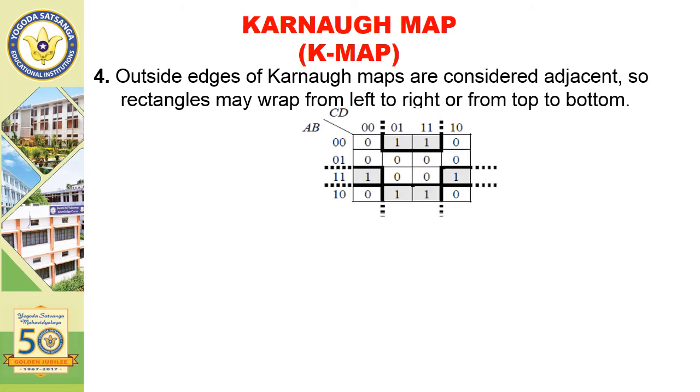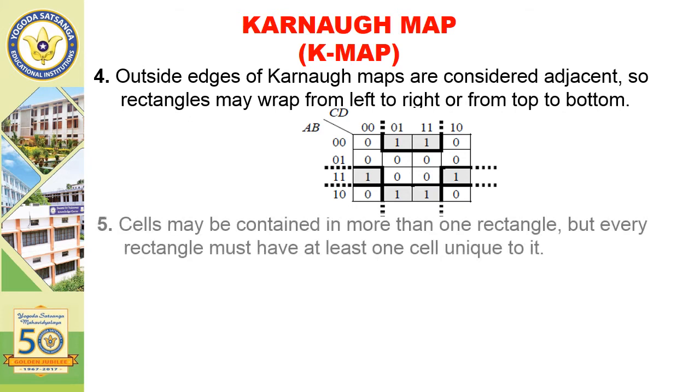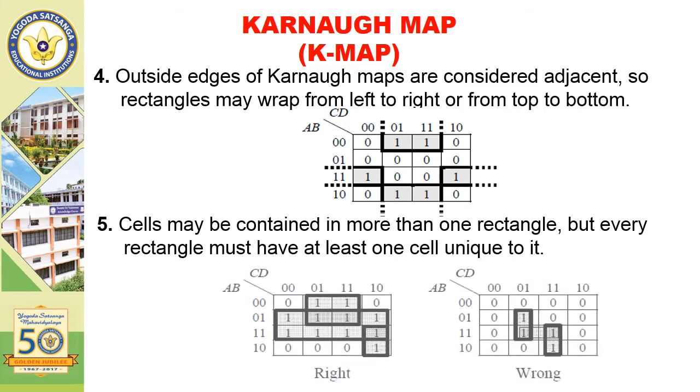The outside edge of the K-map means the value of 1 on the boundary of the K-map is considered adjacent, because we group the cells which are adjacent. If a cell is contained in more than one rectangle, we must make sure that at least one cell is unique to it.